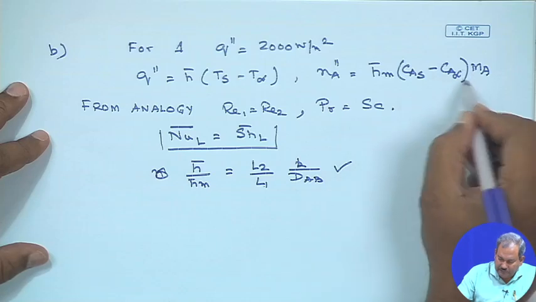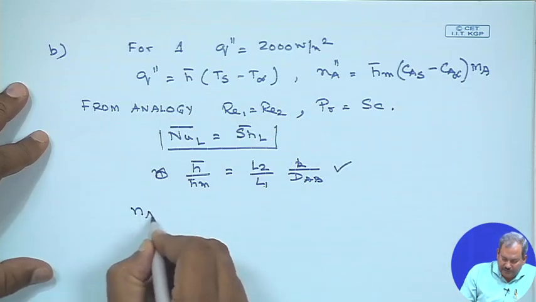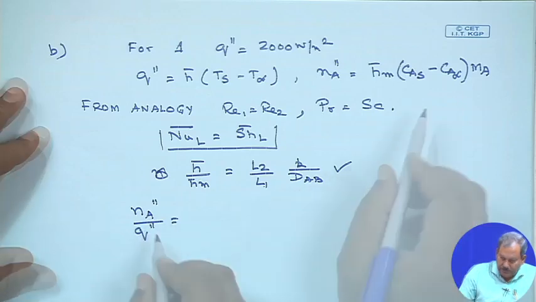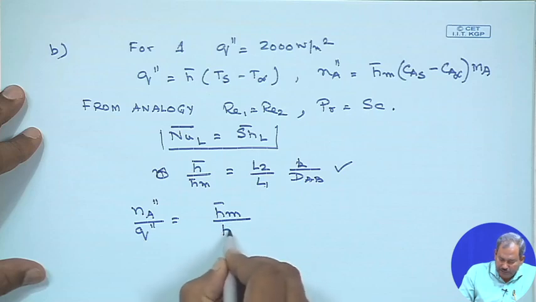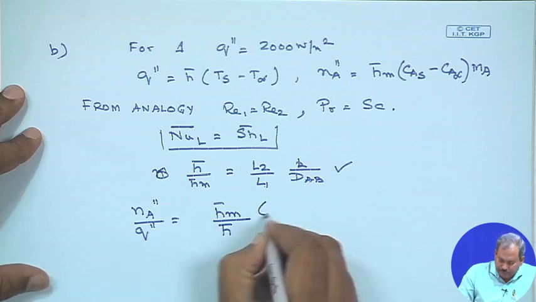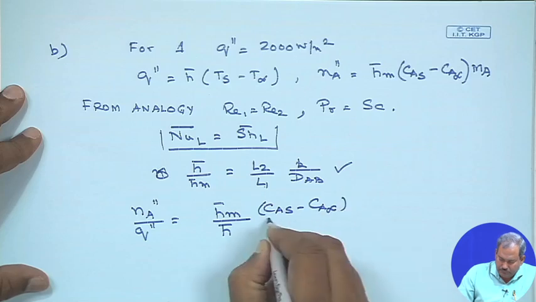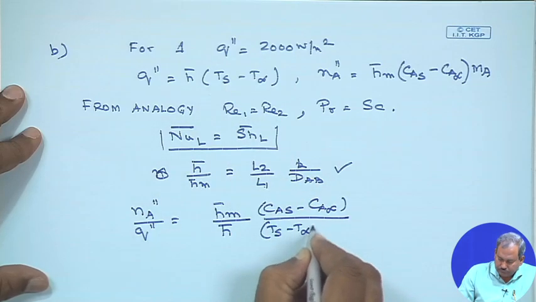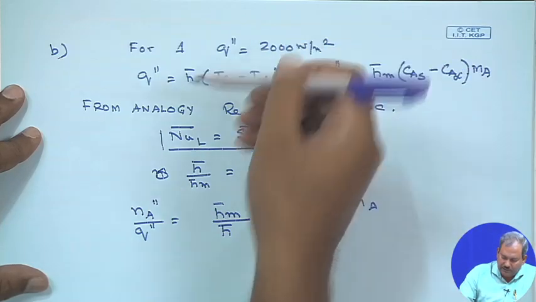Then I divide N A by Q, and what I would get is N A double prime by Q double prime is equal to H bar m by H bar, simply dividing this by this.